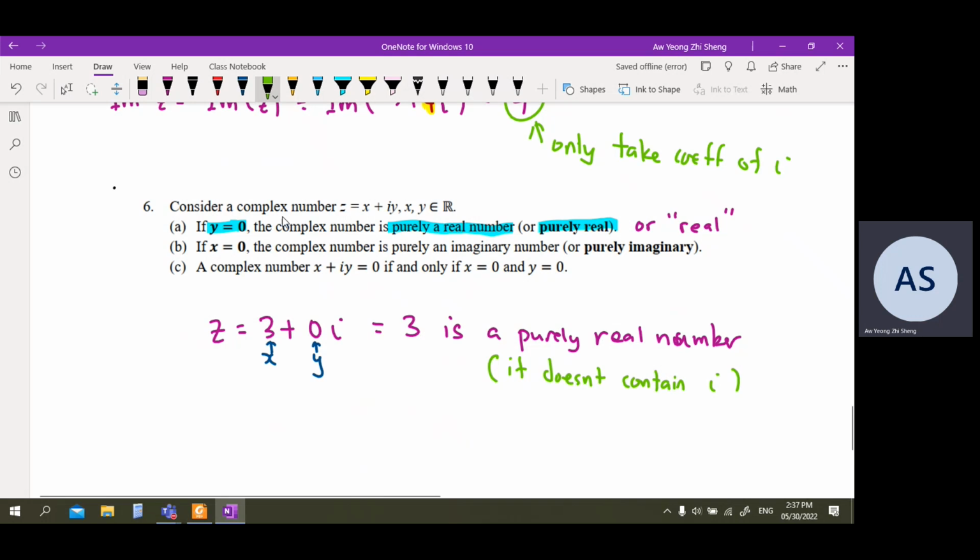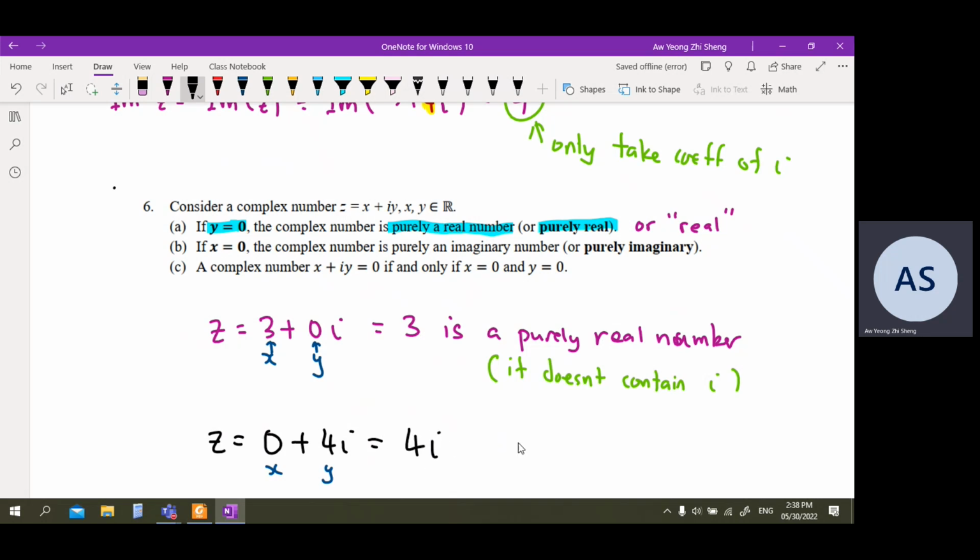Okay. Next, part B says if x is equal to 0, for example, if your complex number z is given as 0 plus 4i, where x is 0 and y is 4. For the case when your x is 0, 0 plus 4i can of course be written as just a single term 4i. And this term is purely imaginary because it only has the term that contains i.